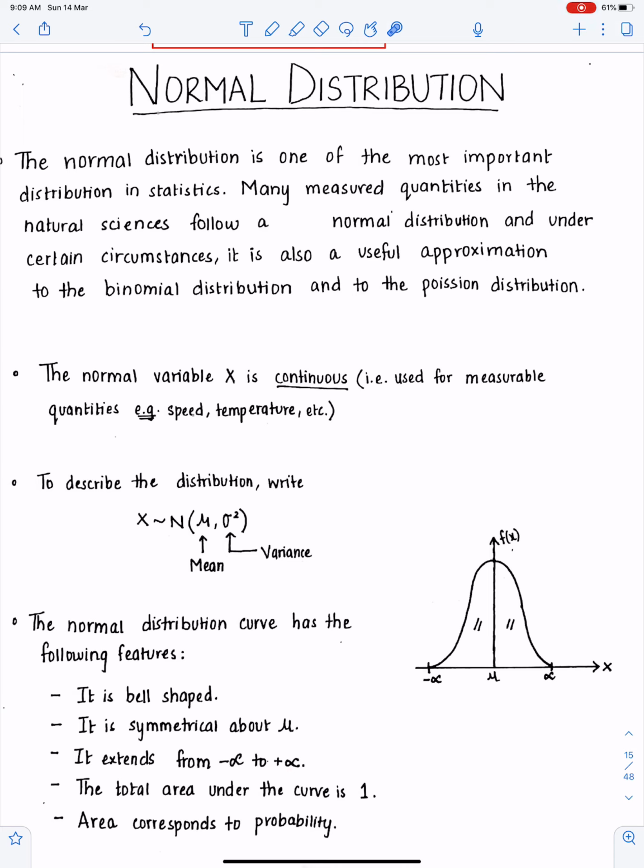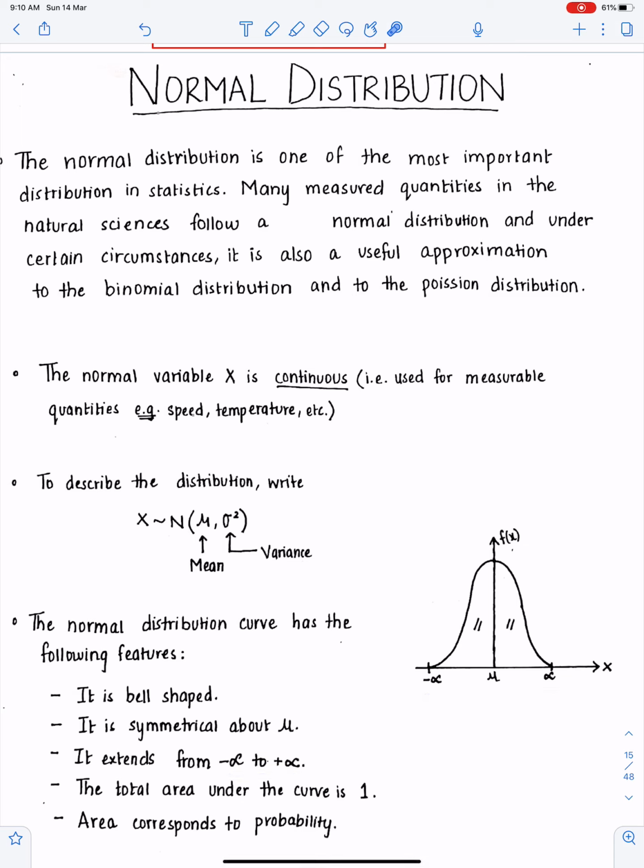The normal distribution curve has the following features. It is bell shaped. It is symmetrical about mu. Symmetrical means equal area on both sides of this line. This is the line of symmetry. It extends from minus infinity to infinity.